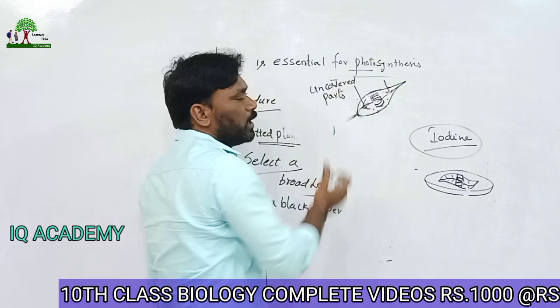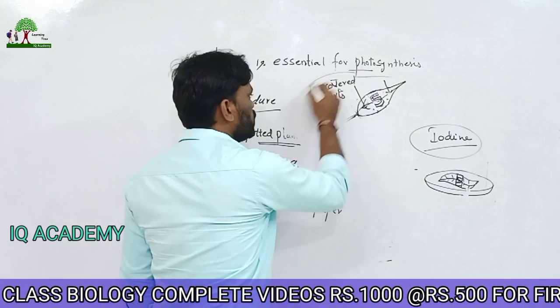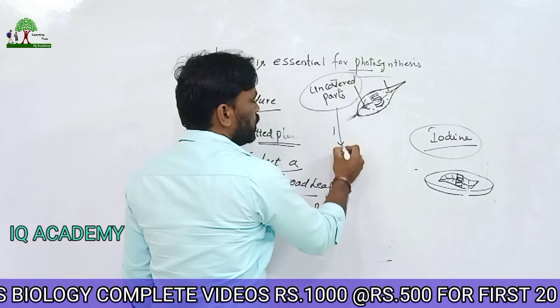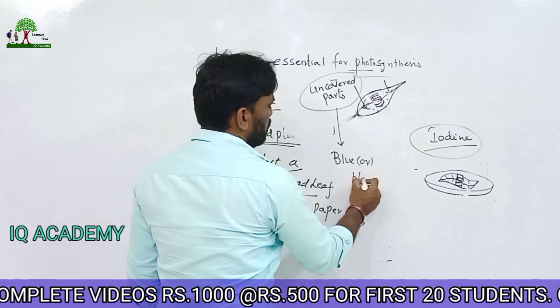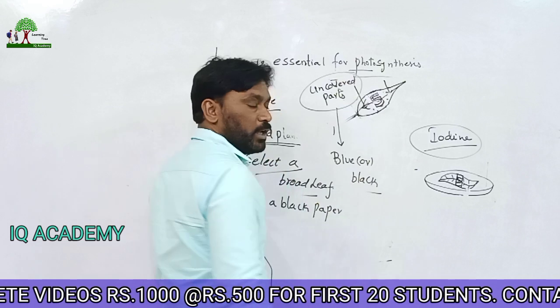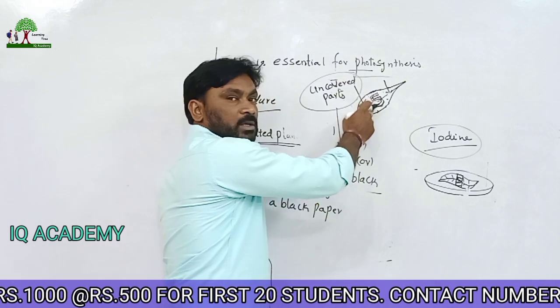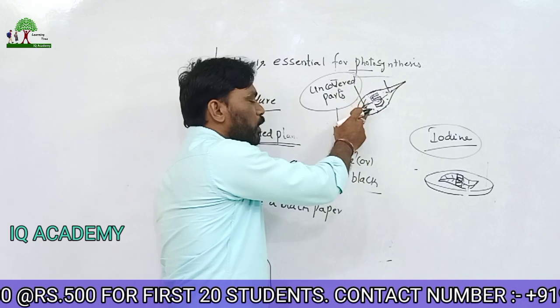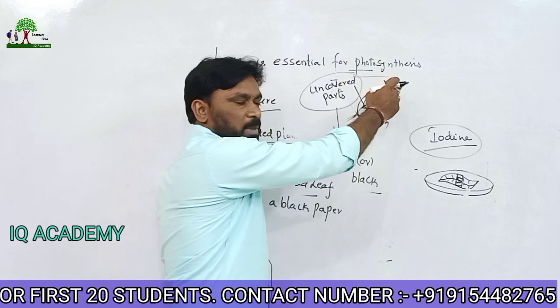Now when you pour the iodine solution on the uncovered part, automatically this uncovered part turns blue or black in color, indicating that photosynthesis has taken place in this uncovered part and starch is present. Here also it turns blue or black in color.